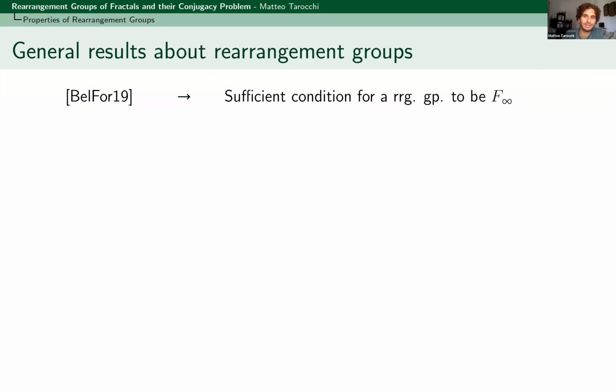This condition, unfortunately, doesn't apply, for example, to the dendrite, Basilica, or airplane. So it is nice that we have it, but I think that something better can be done. And with Davide Perego, we will probably have a slightly better condition that applies to the aforementioned groups, at least to the dendrites and airplane.